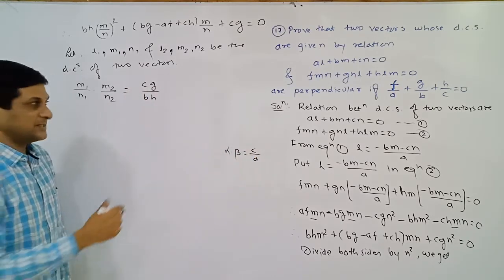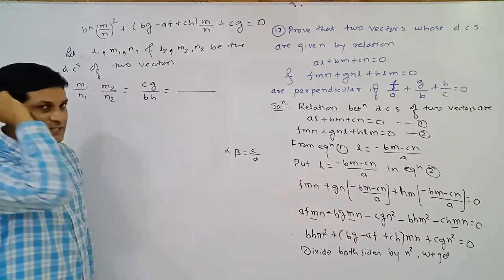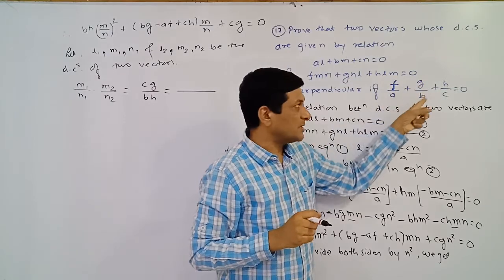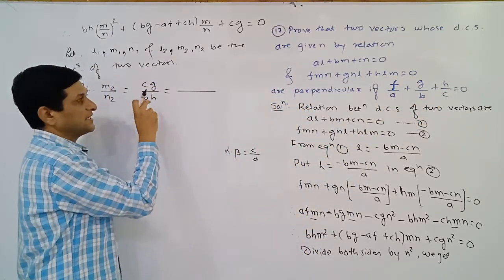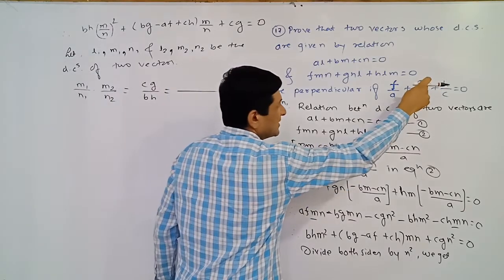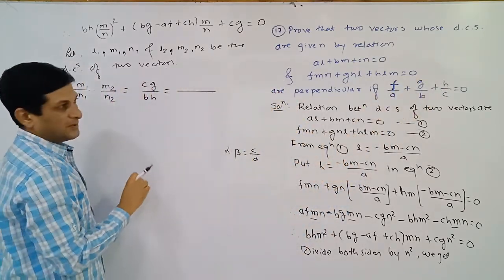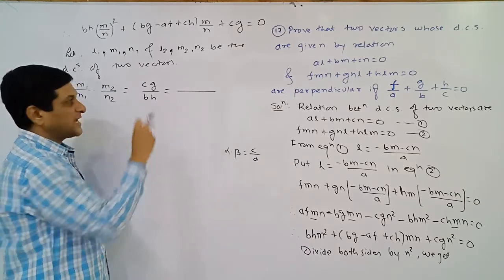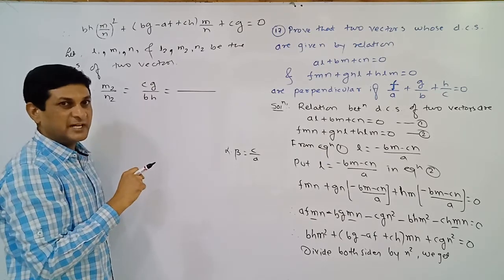We are applying this result, which is equal to, and parallelly I am trying to convert this expression in the form of such terms. Okay, so now if you observe, the numerator CG is there, but one term we want is G upon B, and another term is H upon C. To get such terms, I am dividing the numerator and denominator by what?